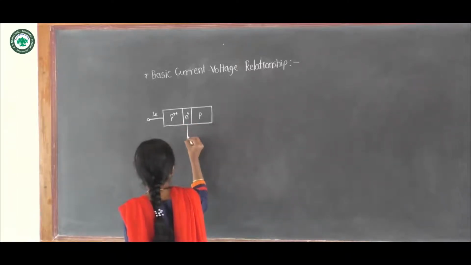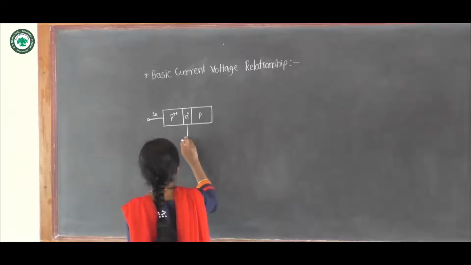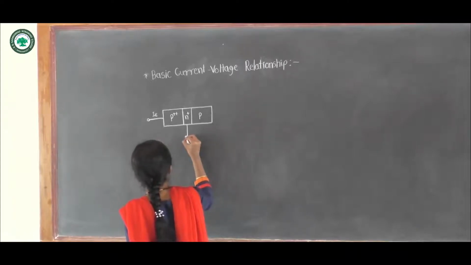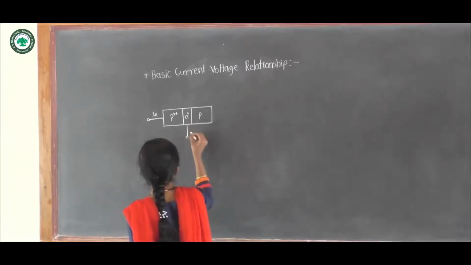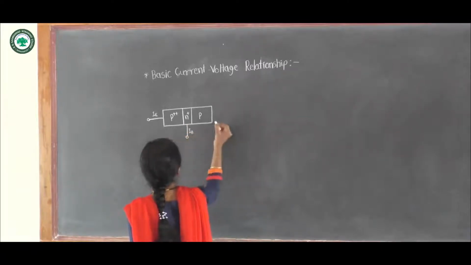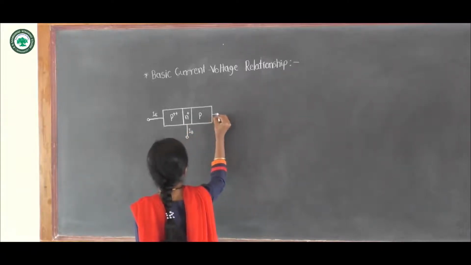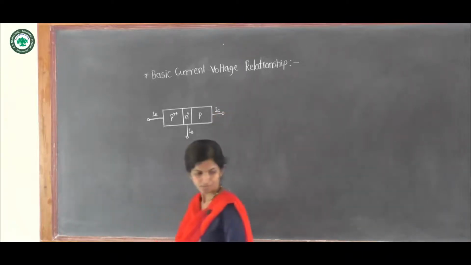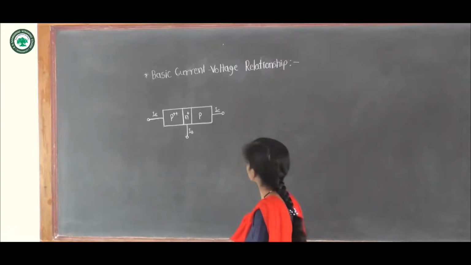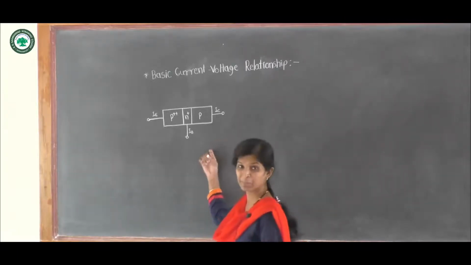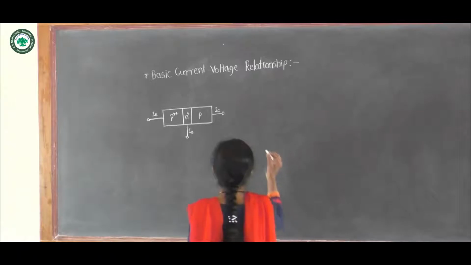This is the base, which is moderately doped, and the current flowing through the base terminal is IB, and this is the collector terminal. So the current flowing through this collector terminal is denoted as IC. So this is a PNP configuration of transistor.